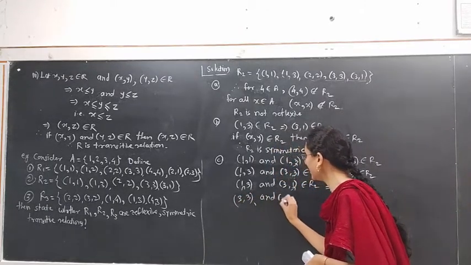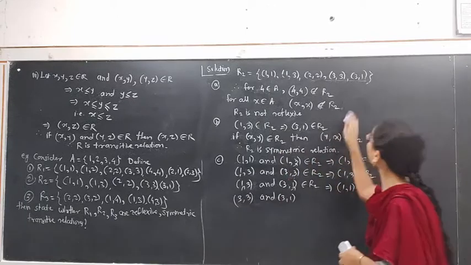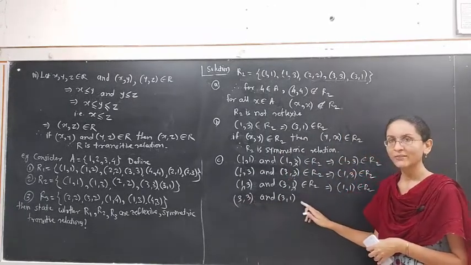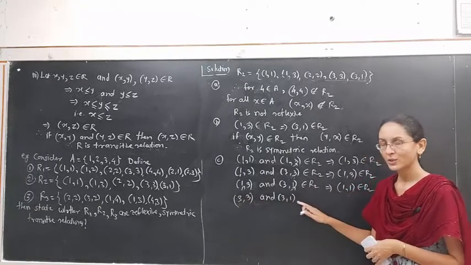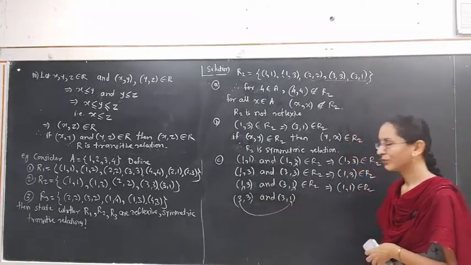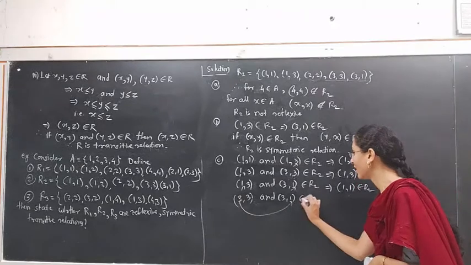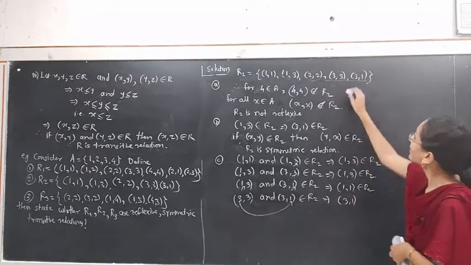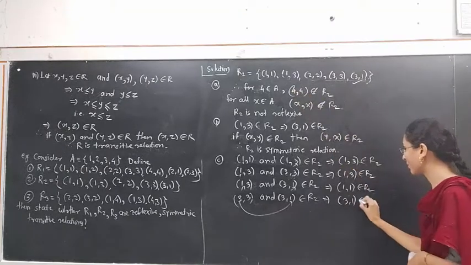In these two pairs, we have x related to y and y related to z. We check whether x is related to z or not. Here x and z are 3 and 1 respectively. This implies the pair (3, 1) belongs to set R2.